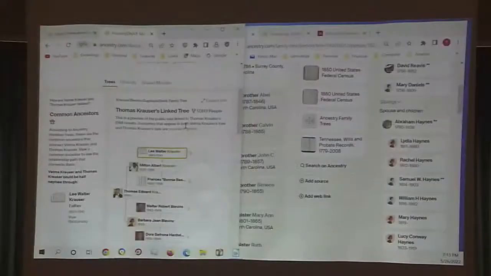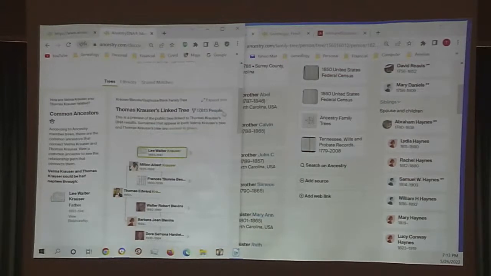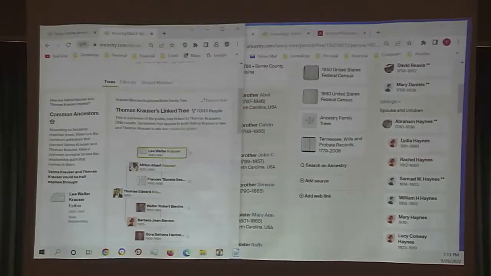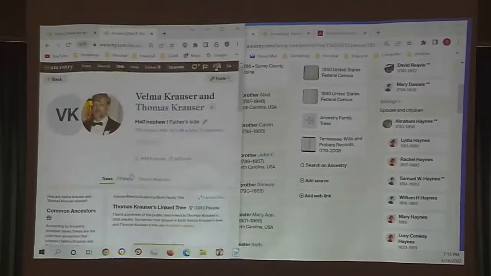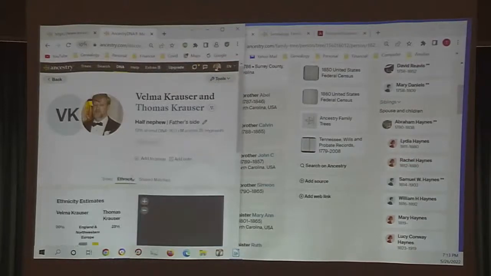A linked tree. And this is where you can start taking that DNA matches tree and start going up it. And you see that I have 17,813 people in my tree, right? And then they can click on my tree. Suppose this was Velma looking at my tree, and she can start going up my tree to see how we match. But I can also look at ethnicity, all right?